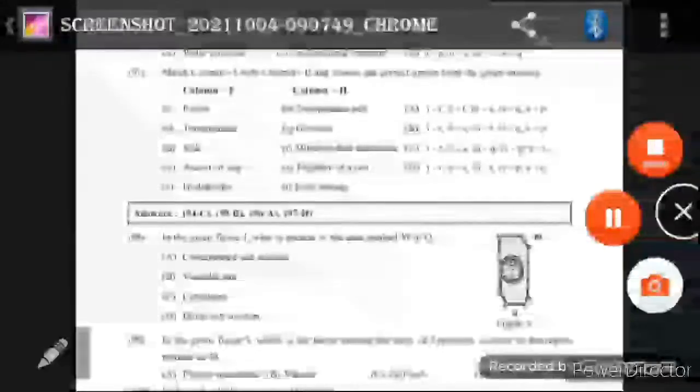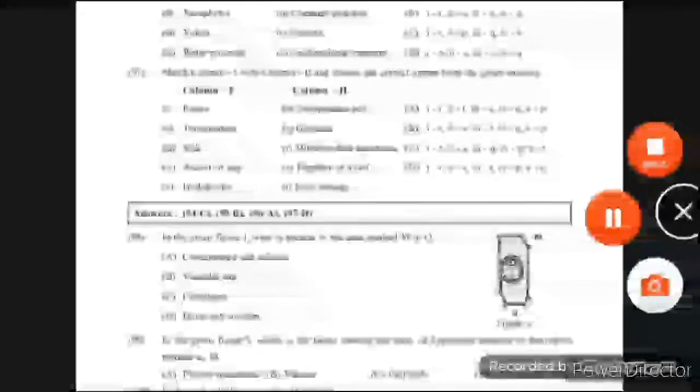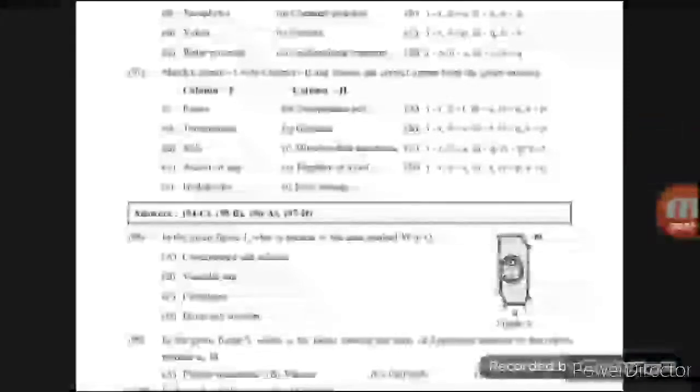So porins, option A, they have given that porins, it is the mitochondrial membrane, and transpiration is the food storage, and sink it is the turgidity of a cell, ascent of sap, it is the glutation, and the Hydathodes, it is a transpirational pull.